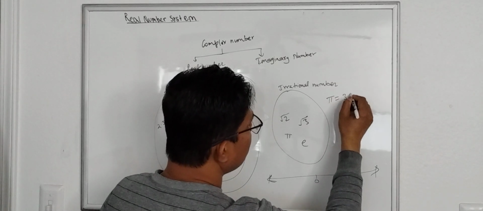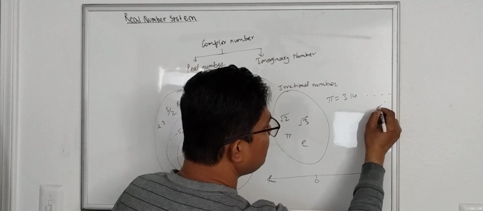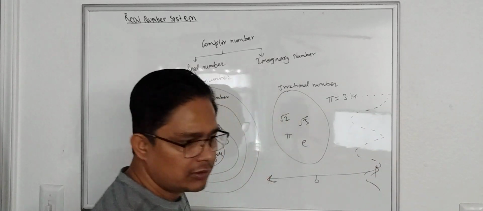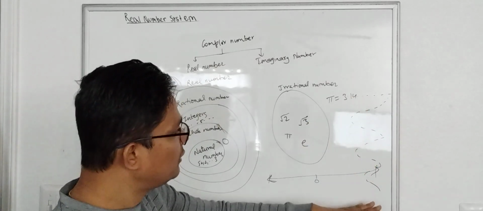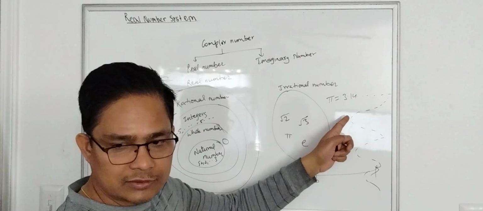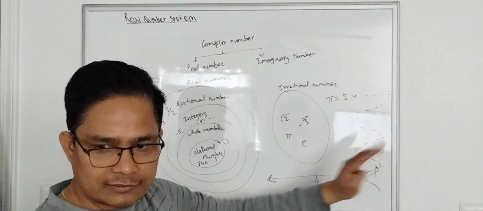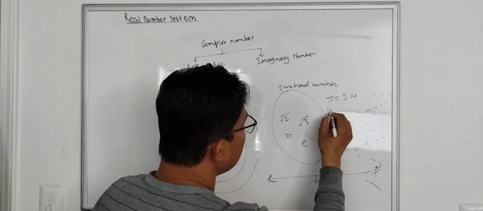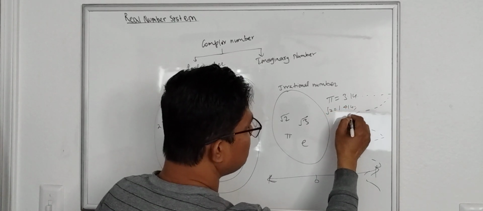Pi is 3.14, and then you will not have any repeating value anywhere. You keep going and going and you will not find an end. As long as you want, you can keep dividing 22 by 7, and you will keep going, so there is no end. Similarly, the square root of 2 is about 1.414, and there is no repetition of any pattern.